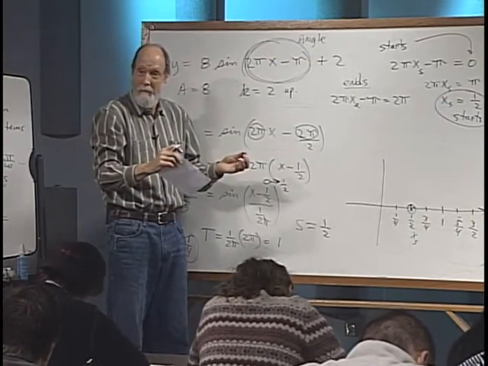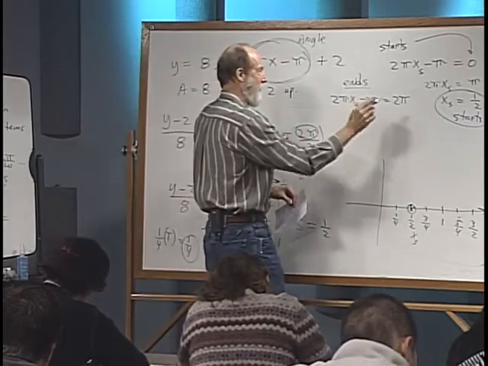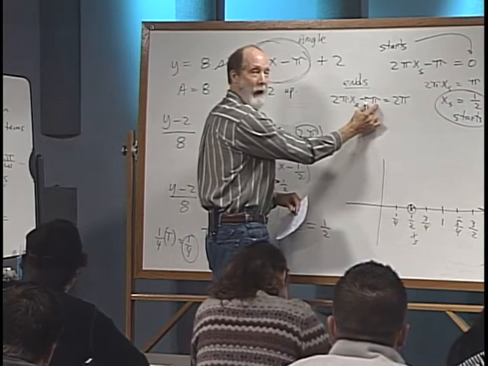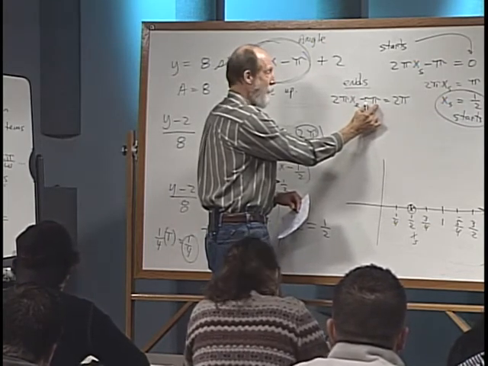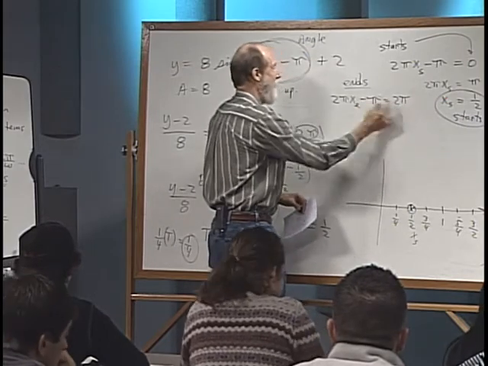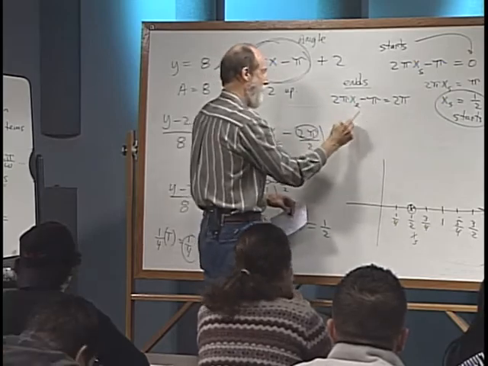Not too bad. Now, watch the algebra. I'm going to keep this phase angle separate. You don't have to. You can just do the algebra. Move this over and you get 3 pi, and then divide by 2 pi.